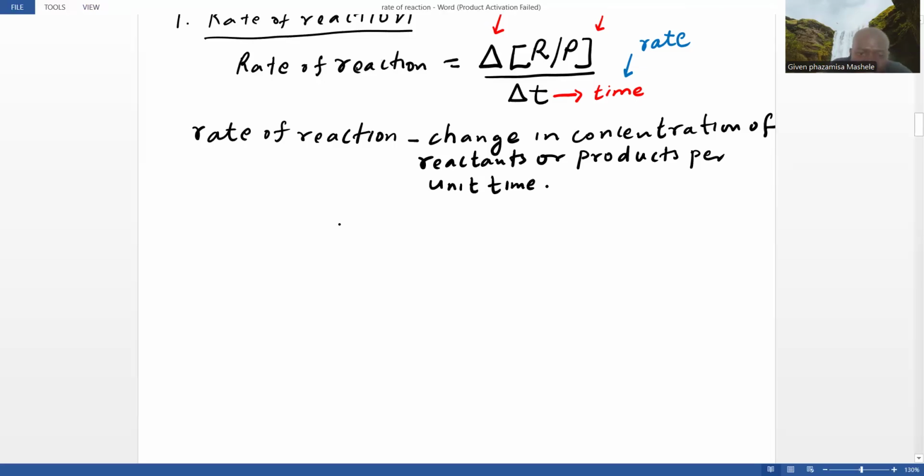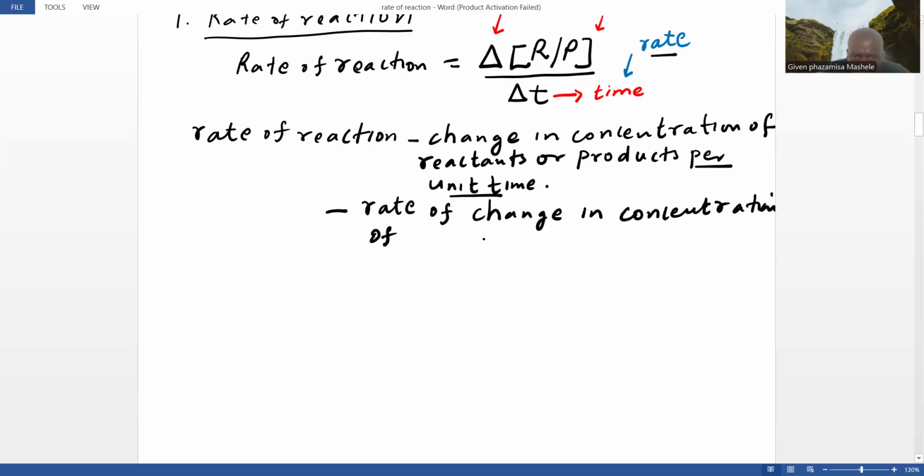But if we do not want to talk about change in concentration per unit time, we can use the word rate. So we can say it is the rate of change in concentration of reactants or products.